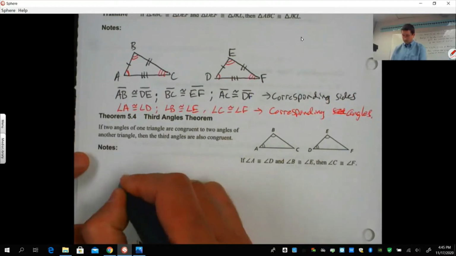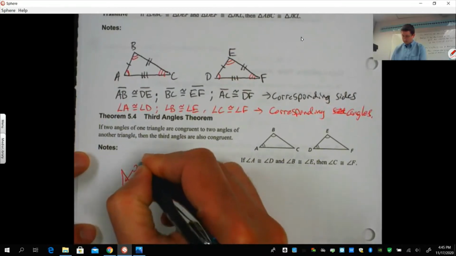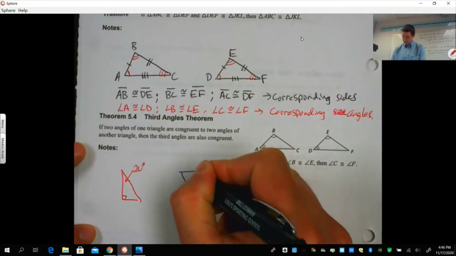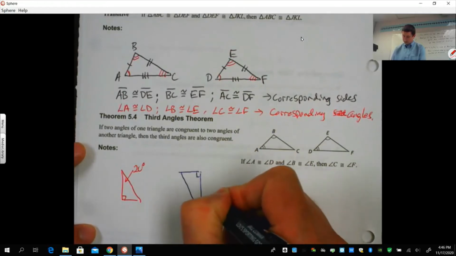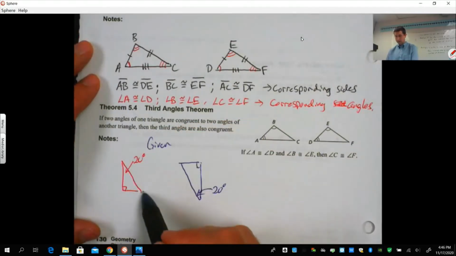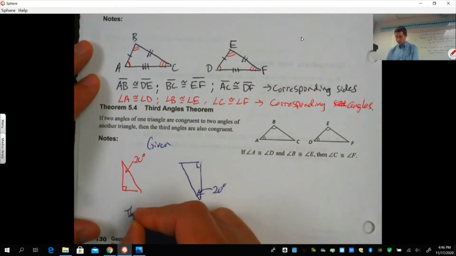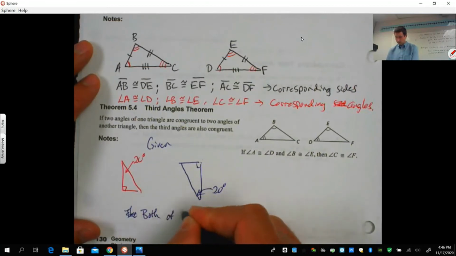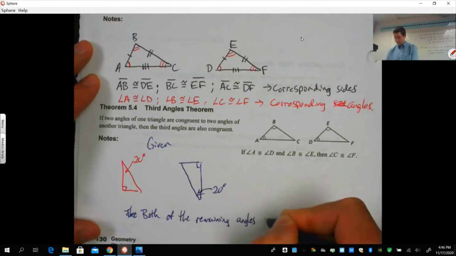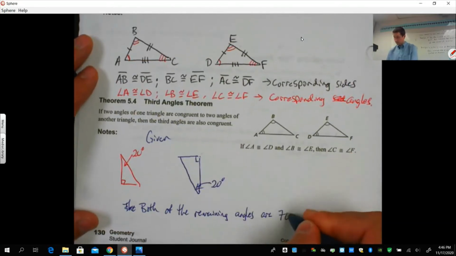So if you have 2 triangles and you know this is 20 degrees, that's the right triangle, and that's 20 degrees, with 90 degrees as well, both of the remaining angles are, well, that's 90, so these have to be complementary, so they would both have to be 70 degrees.